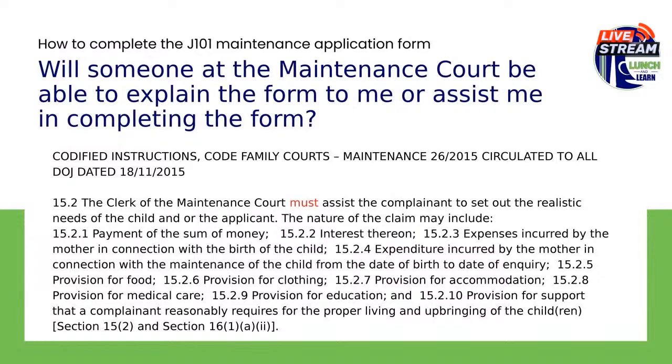I refer you to section 15.2 of this DOJ Code 26 of 2015, where it clearly states that the clerk of the maintenance court must, it is compulsory, not may, or if she wants to, assist the complainant to set out the realistic needs of the child or the applicant. That basically means that the maintenance clerk needs to assist you in order to complete this form.